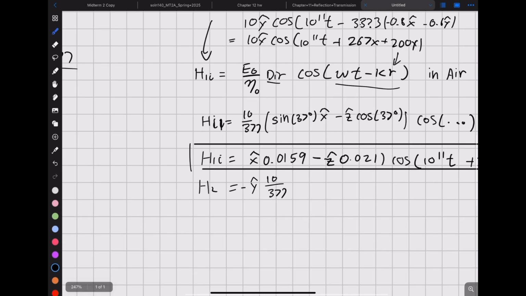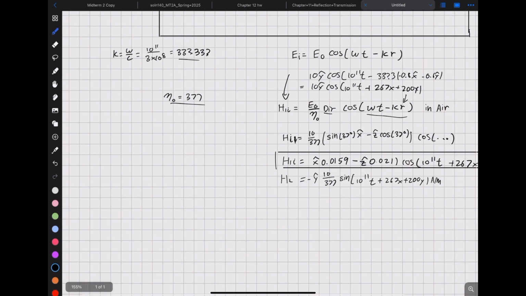So we're going to have that sine of 10 to the 11 t plus 267x plus 200y, amps per meter.